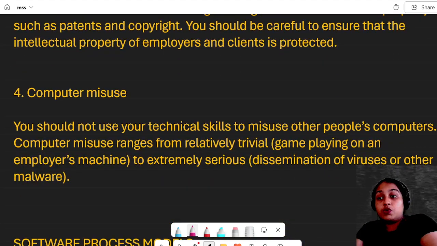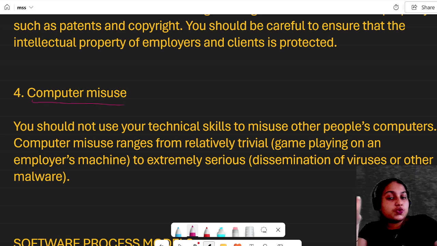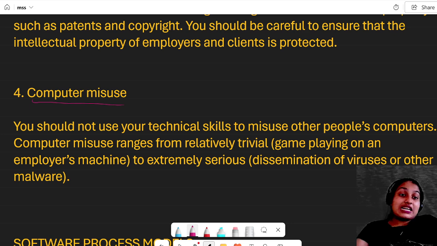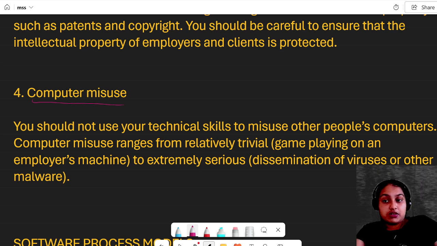Then comes computer misuse. Computer misuse means we should not use our technical skills to misuse other people's computers. See, it can range from trivial to extremely serious. Trivial means, for example, you go and play a game on one of your employer's systems. Okay, that is something small, but still that is computer misuse.